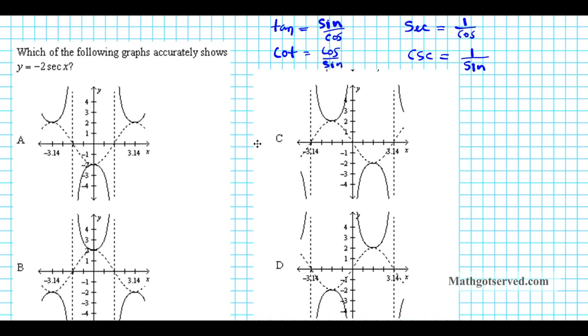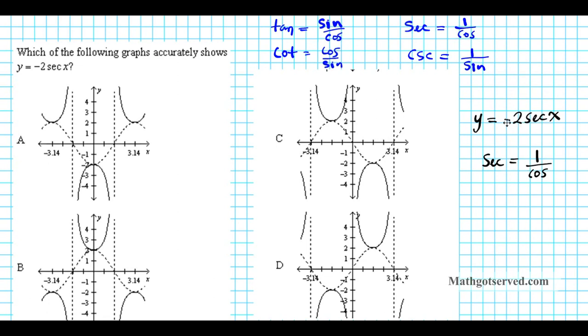Alright, now let's take a look at this option right here. The problem tells us that y is equal to negative 2 secant x. So for the asymptotes of secant, since we know secant is 1 over cosine, the cosine function helps us determine where the asymptotes are.